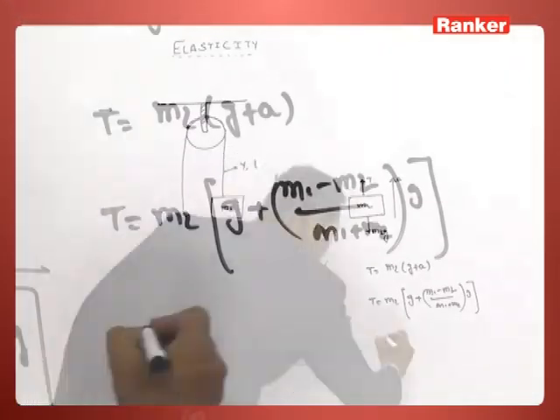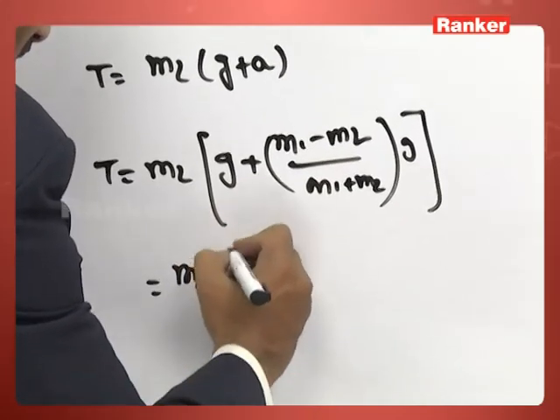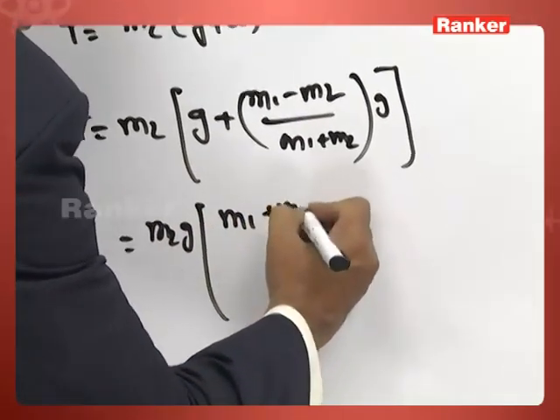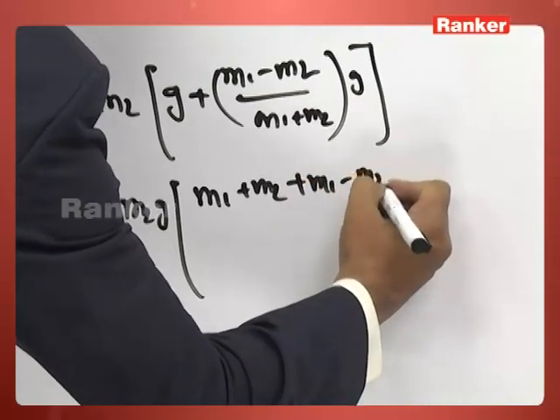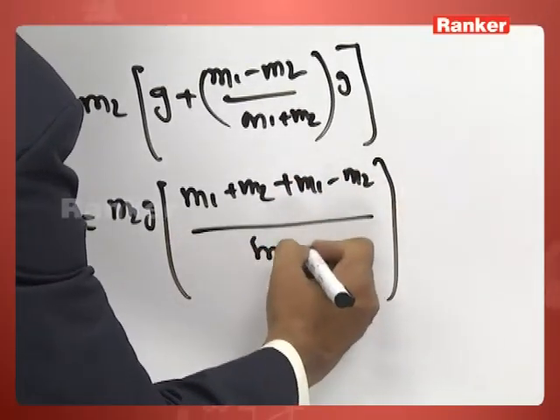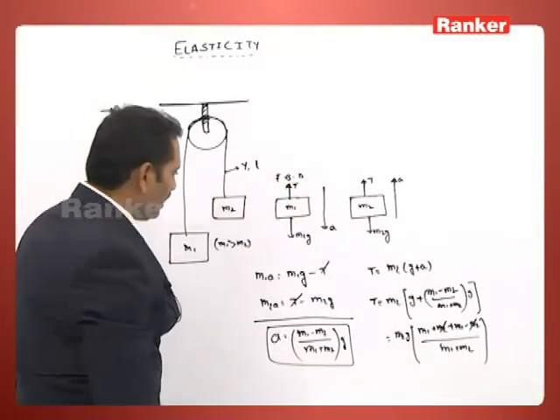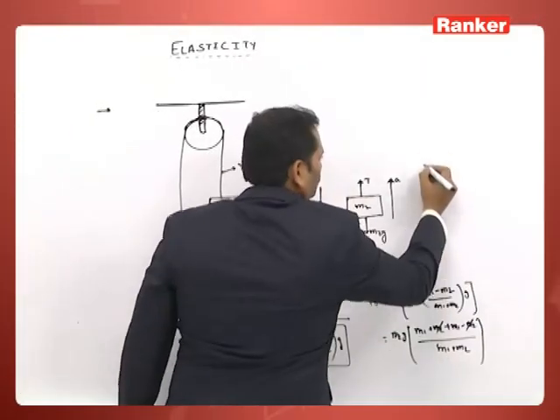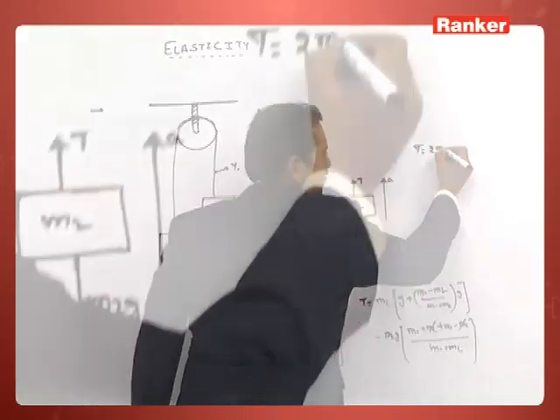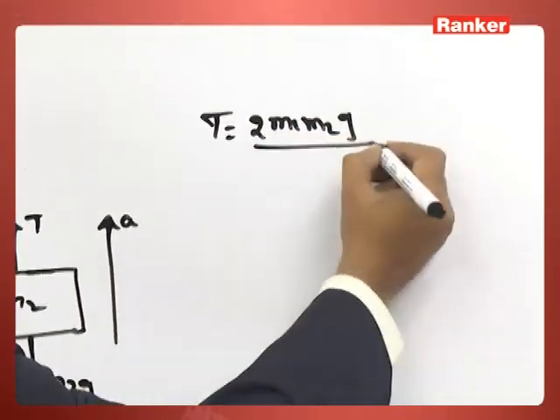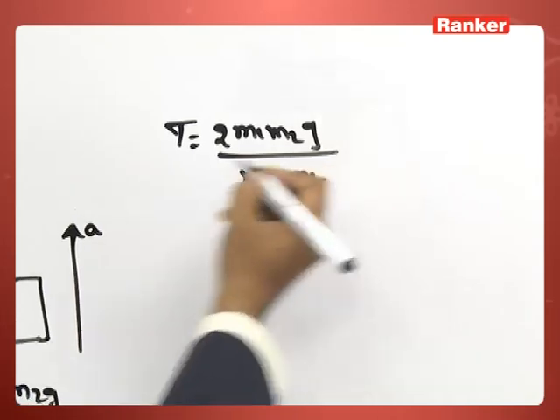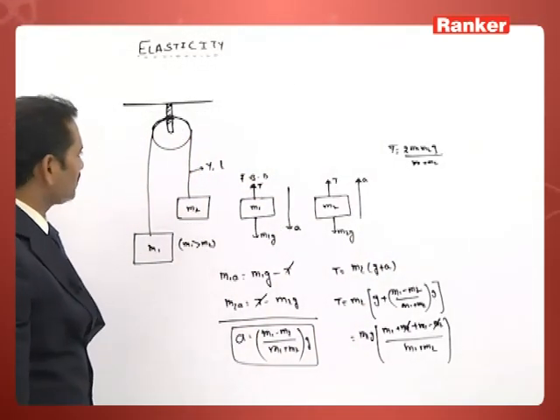Make it common, m2g: (m1 plus m2 plus m1 minus m2) by (m1 plus m2). m2 gets cancelled. Then tension equal to 2 m1 m2 g by (m1 plus m2). This is the tension in the wires.